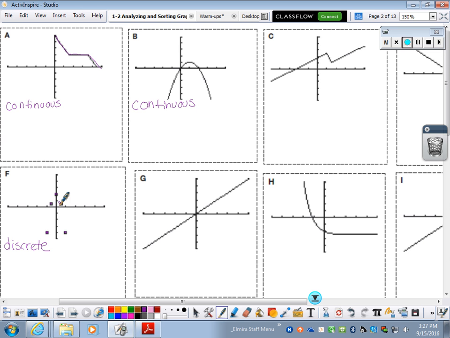Another vocabulary word I would like you to use in describing graphs in homework tonight is whether your graph exhibits straight lines or curvy lines. Straight or curvy lines.